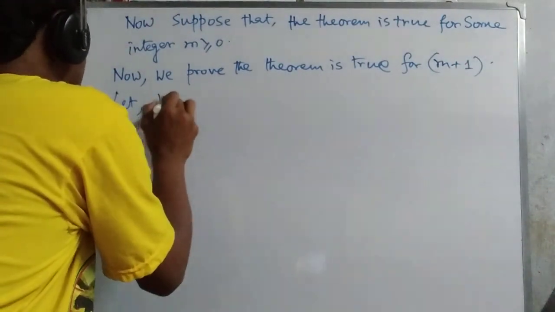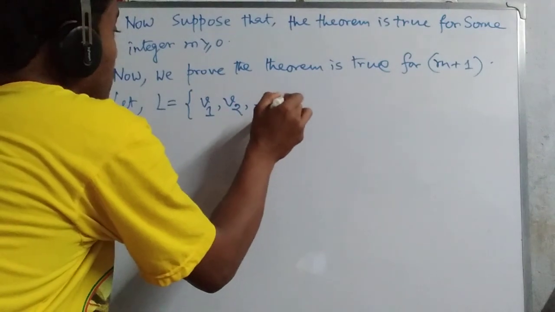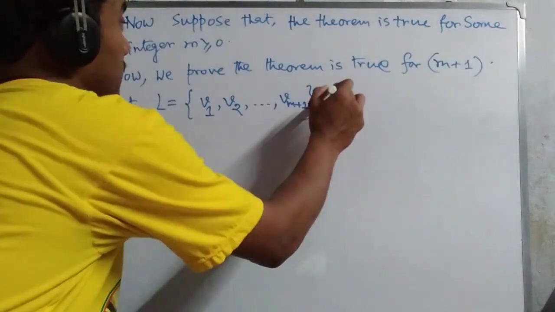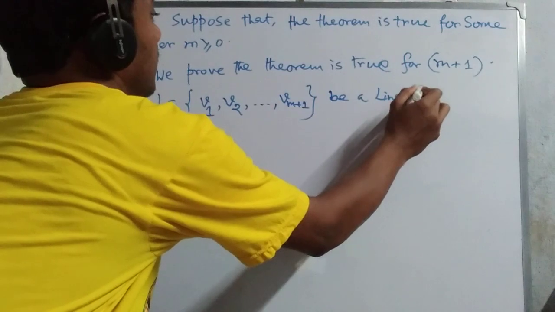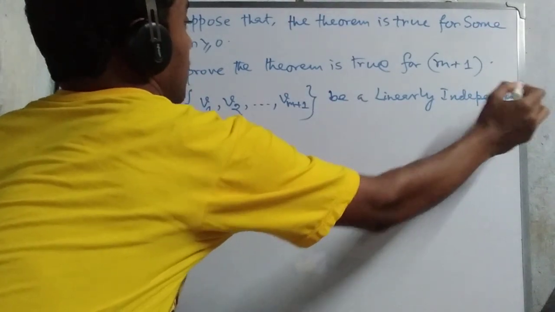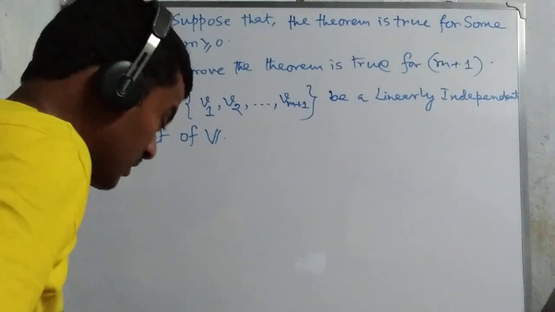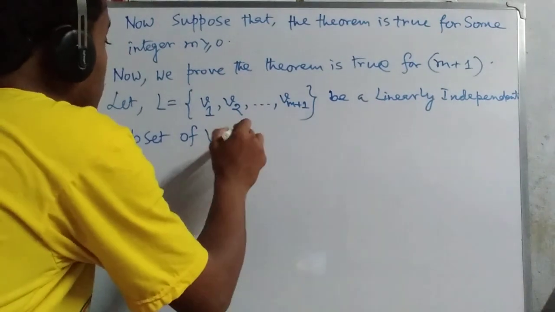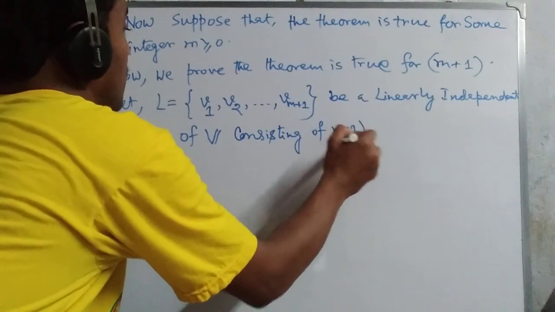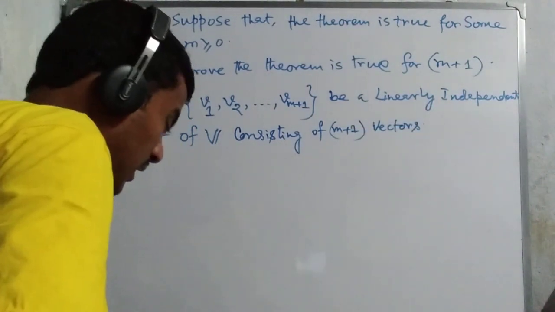Then let L equal v1, v2, up to v(m+1) be a linearly independent subset of V consisting of m plus 1 vectors.